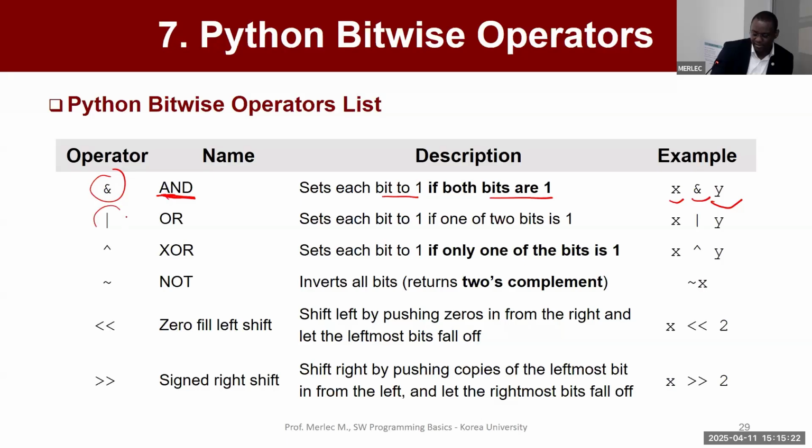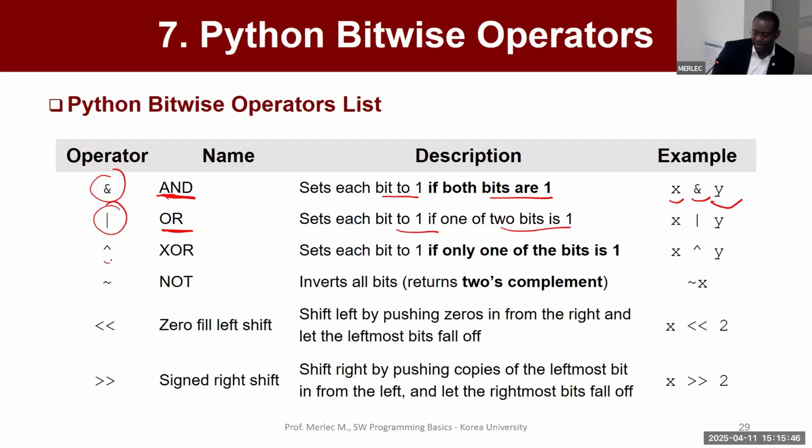This symbol is used for OR. This straight line is the OR logical operator on the bits. It sets the bit to 1 if one of the two bits is 1. It is like the OR expression we have seen.